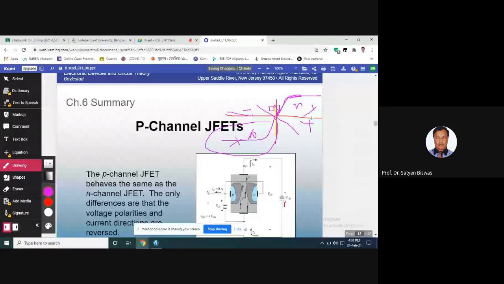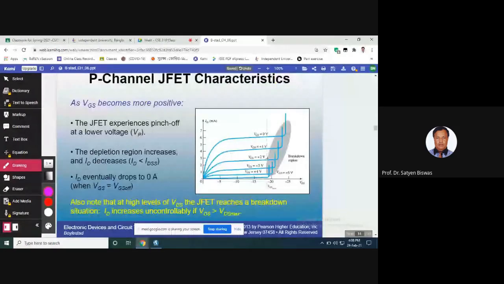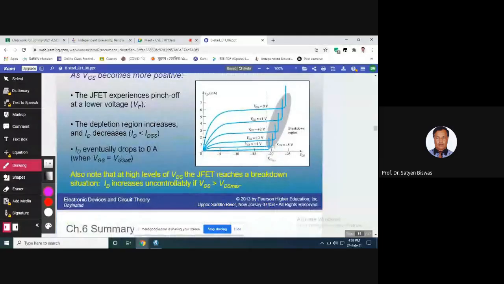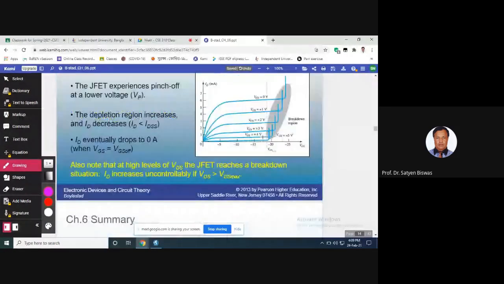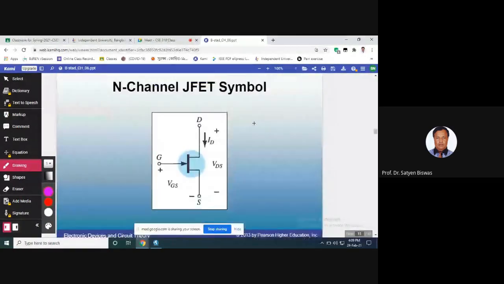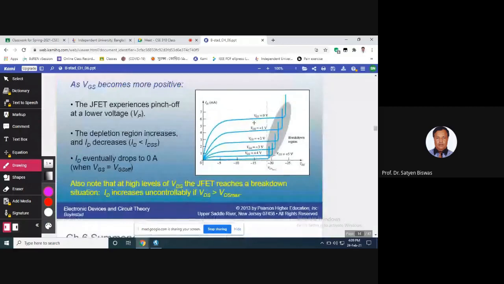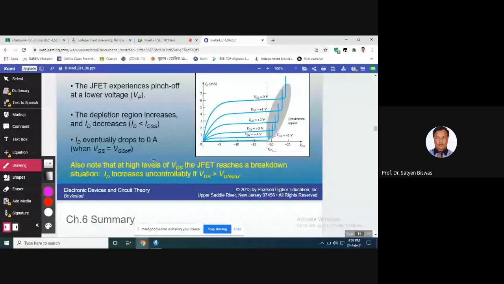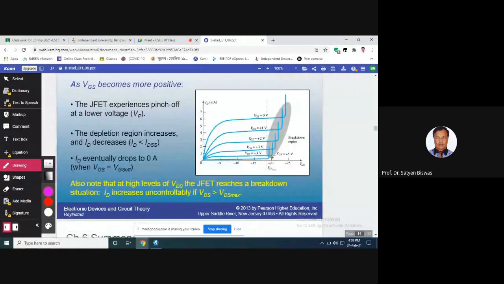And this writer is actually doing it a little bit in the opposite direction, right? They put the negative scale on the right side, but the negative scale should be on the left side, right? So anyway, this is the characteristic curves. Both have the same thing, the saturation.